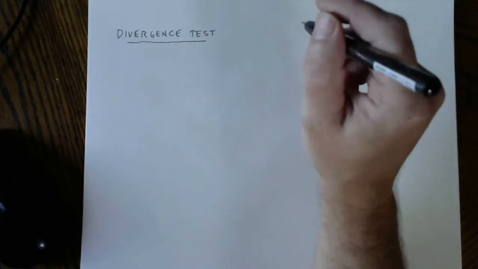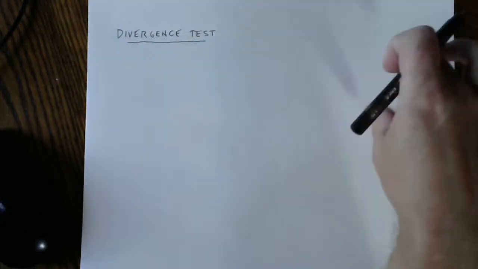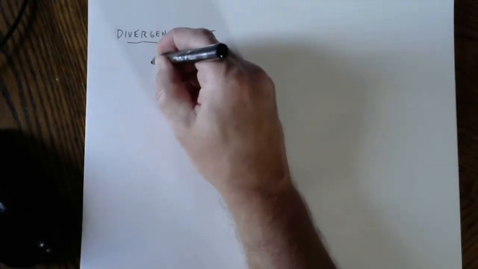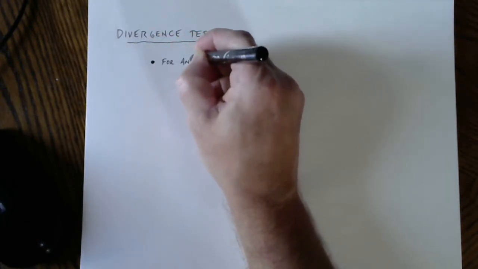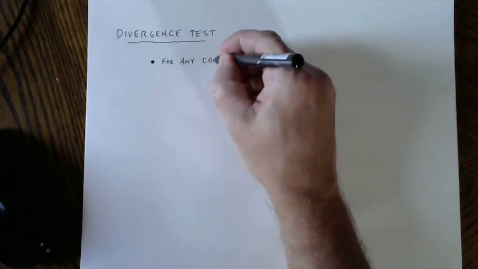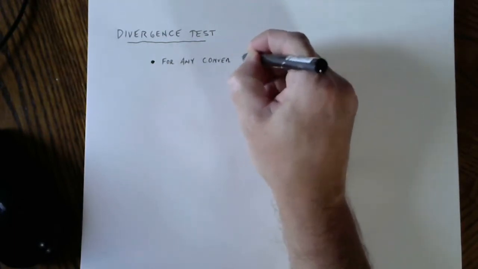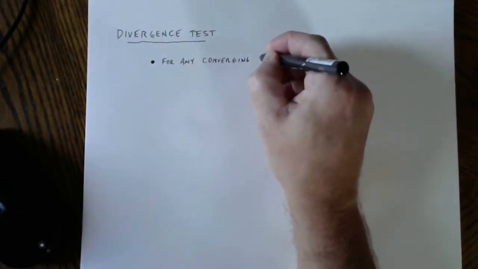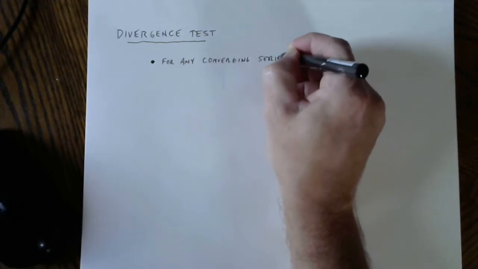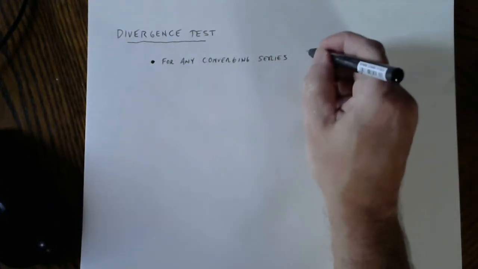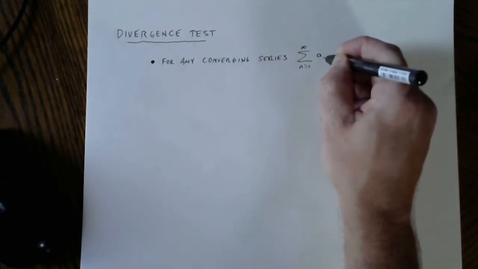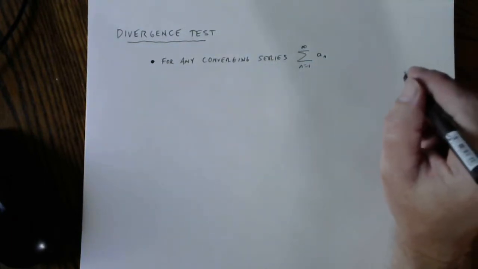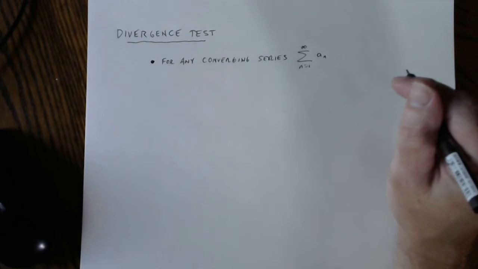And I'm going to write it out first. So let's do that. So for any converging series, such as, I'll write this totally generic, I'm just going to call the terms the a_n's: a_1 plus a_2 plus a_3.